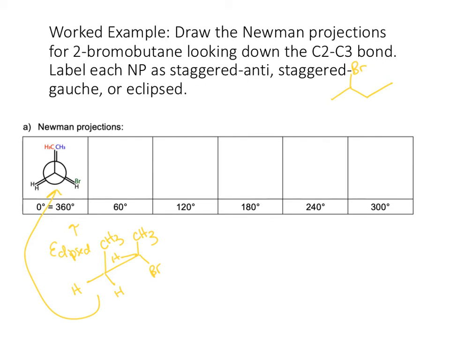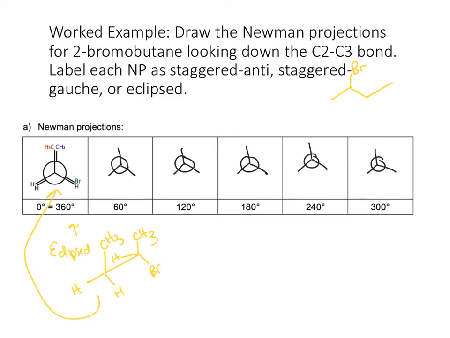So when you do this, you want to keep the front carbon still and just rotate the back carbon 60 degrees. So you can just keep the front carbon the same for all of these, and you're just going to change what's happening with the back carbon.